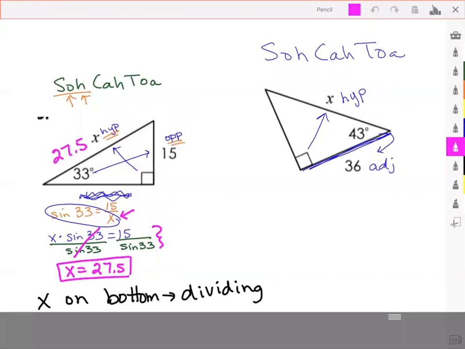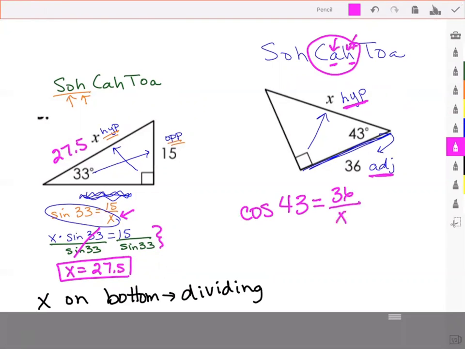What trig ratio has hypotenuse and adjacent? There's hypotenuse, there's adjacent. So C, which stands for cosine. So cosine of 43 equals adjacent, which is 36, over hypotenuse, which is X.